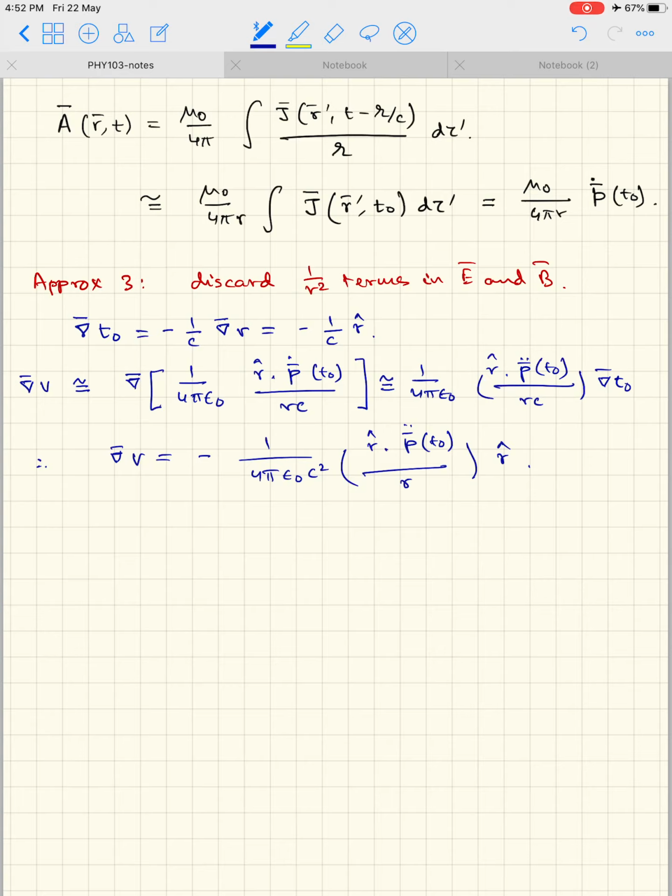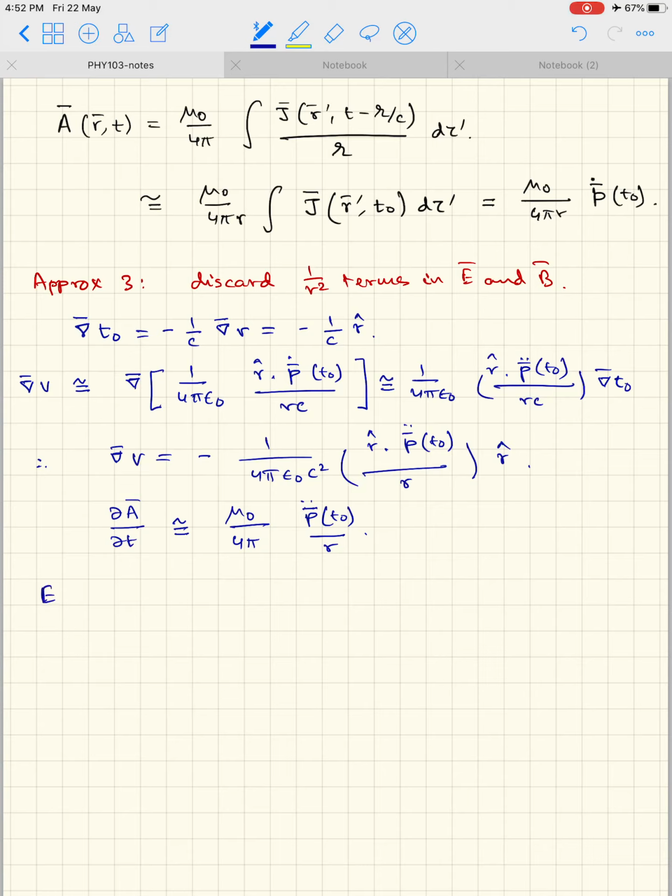And what else do we have? So that's one part of E. The other part of E, you can just compute from dA/dt, and that comes out to be approximately equal to mu naught by 4 pi p double dot t naught by r.